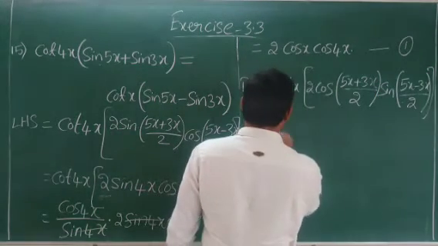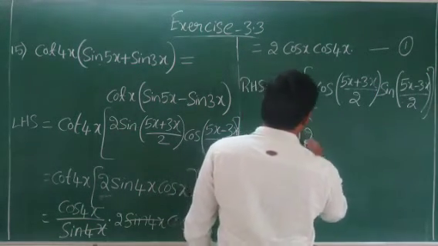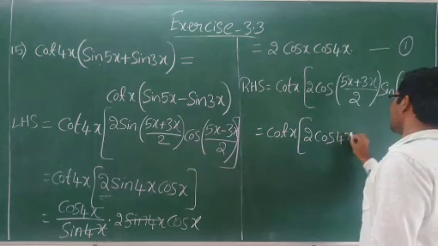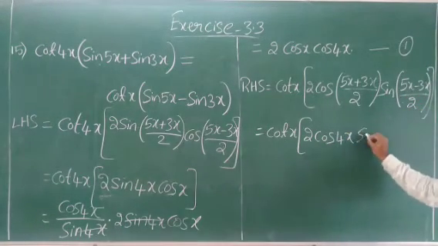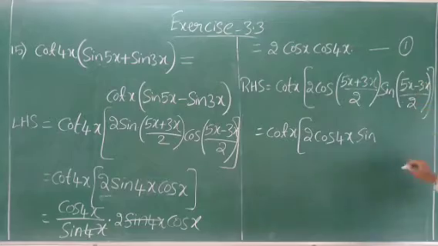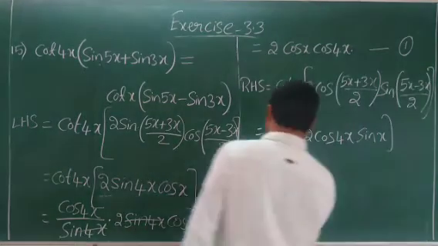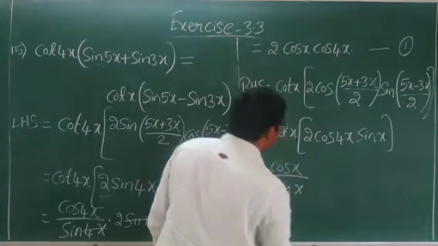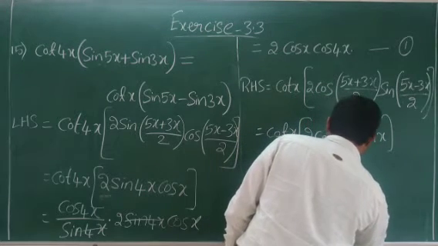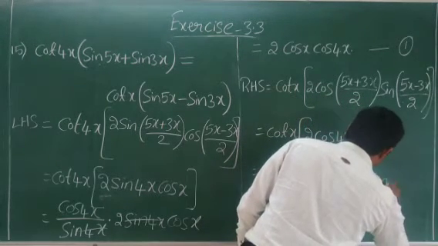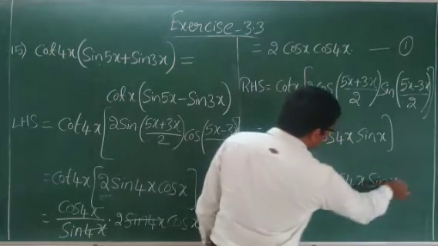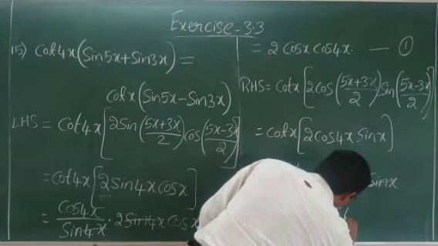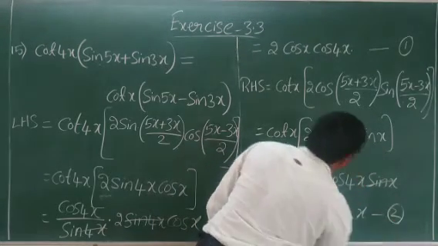So this is equal to cot x into 2 cos of 5 plus 3, 8, 8 by 2 is 4x, into sin of 5 minus 3, 2, 2 by 2 is 1, we get x. Again cot x we can write as cos x by sin x. This becomes 2 cos 4x into sin x. Now we can cancel sin x. Now what are we getting? 2 cos x into cos 4x. So this is your second.